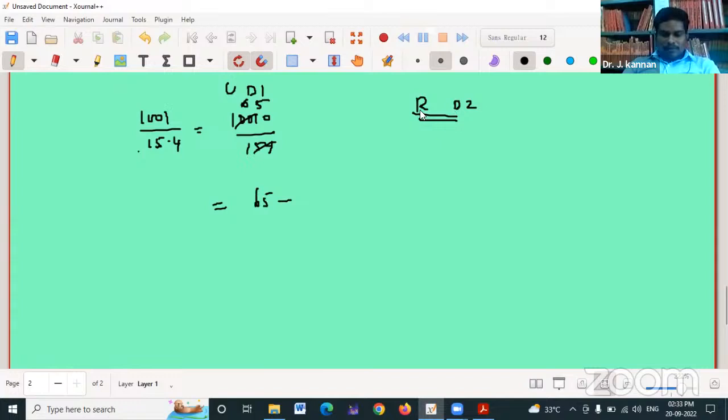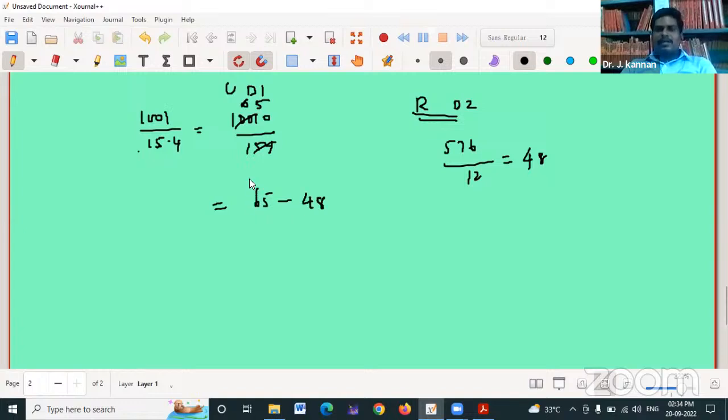So therefore day 2 in vehicle R, the distance is 576 and the time taken is 12 hours. So this is kilometer, this is hours, so kilometer per hour, the speed. So 576 divided by 12 is 48.